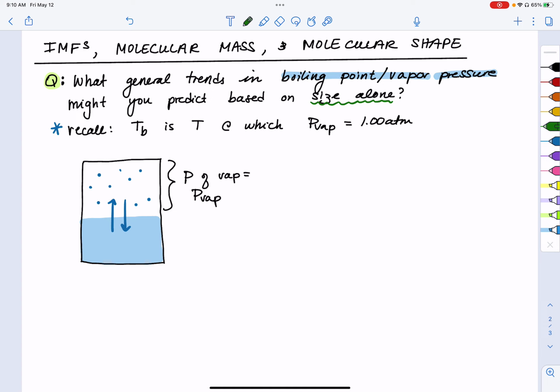So, let's consider 3 different molecules. I'm just going to draw 3 generic molecules. So let's say we have a little linear diatomic. Let's say that we've got a little bent molecule.